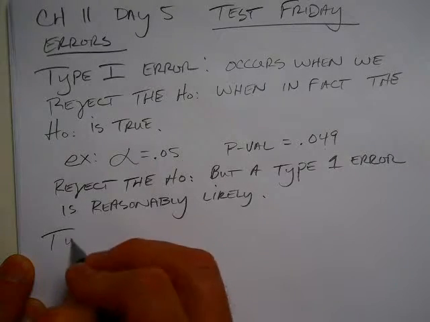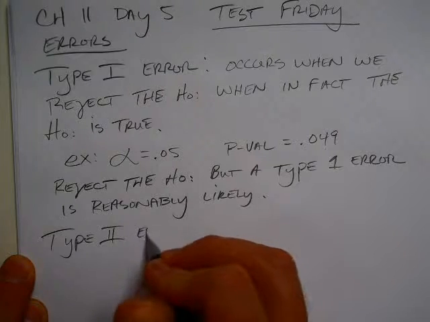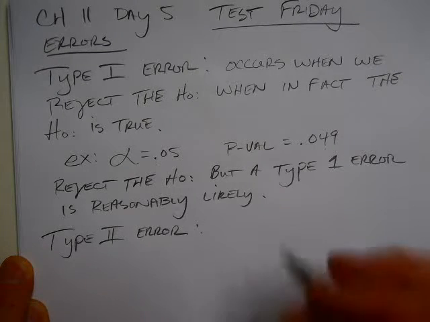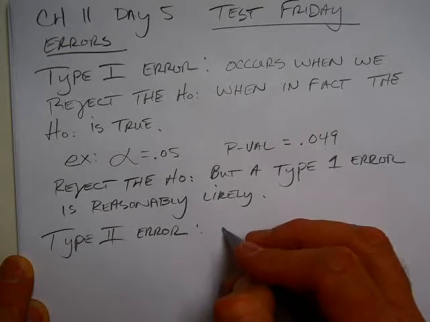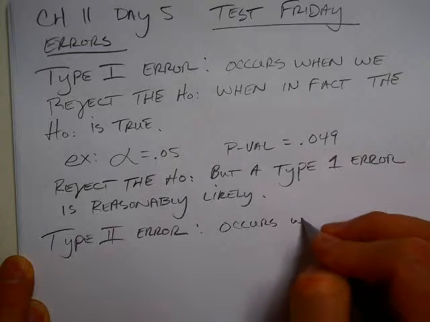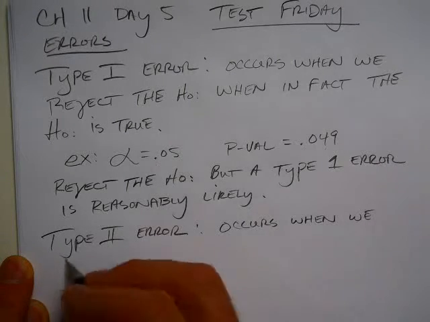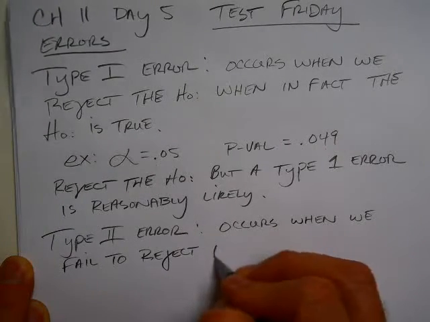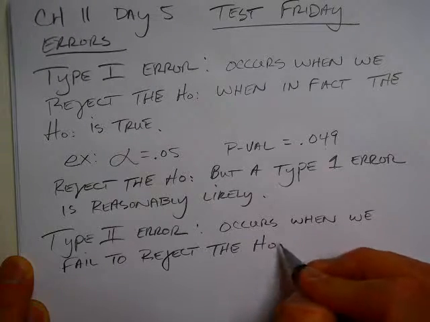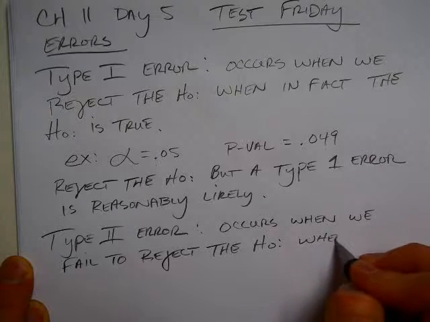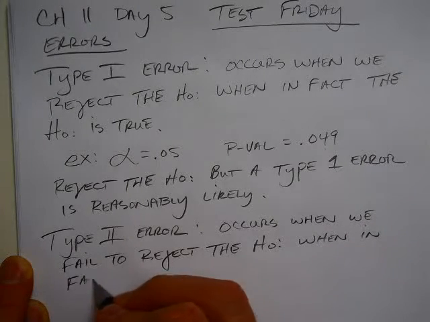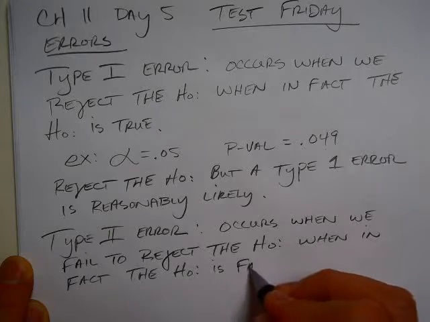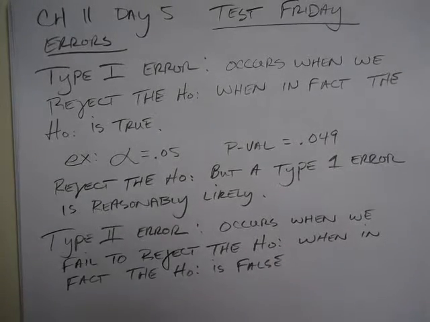So a type 2 error. These occur when we fail to reject the null, when in fact the null is false. So it's the exact opposite situation.